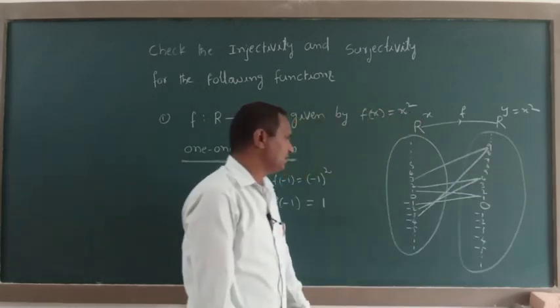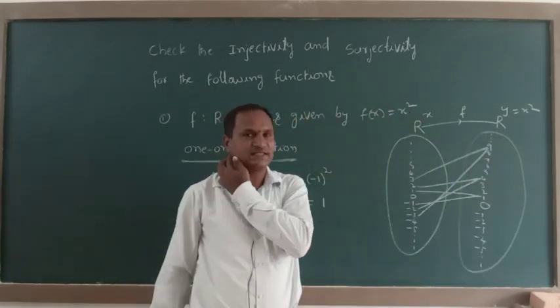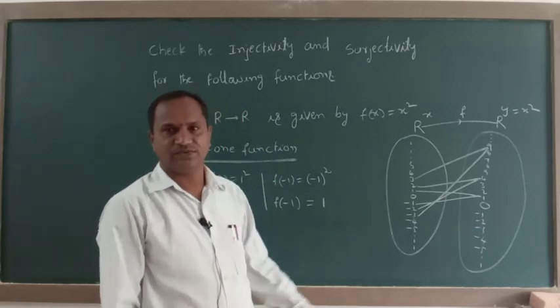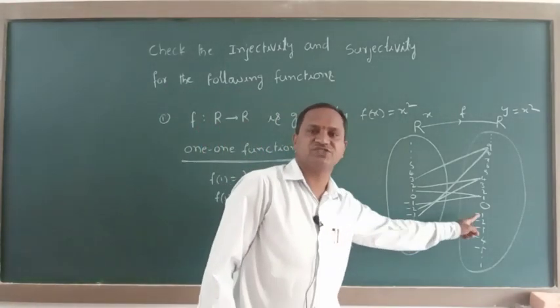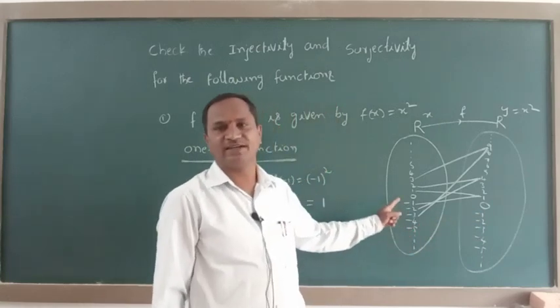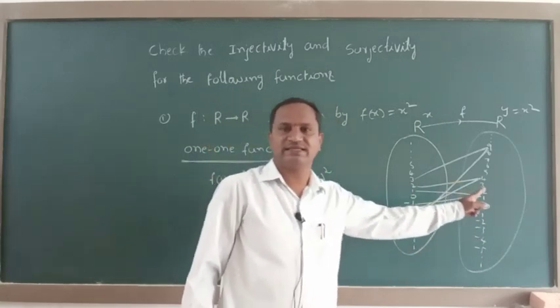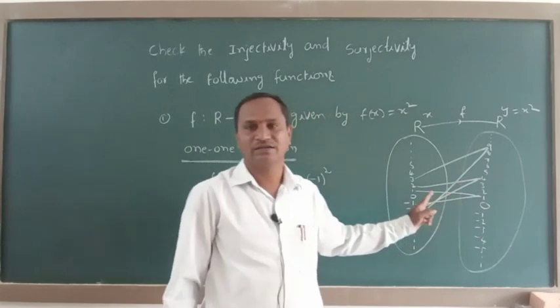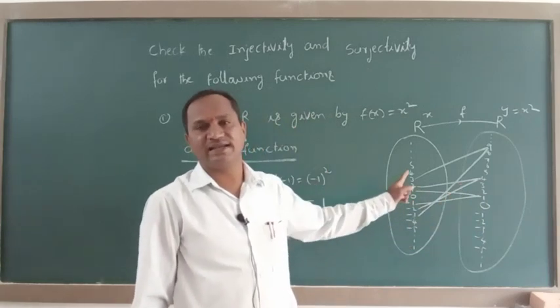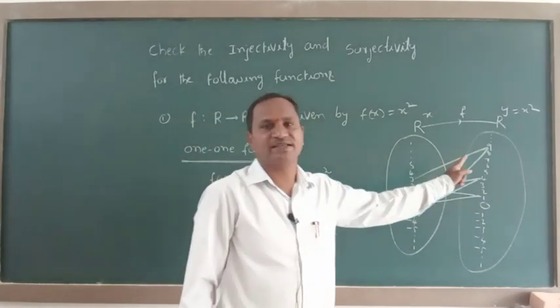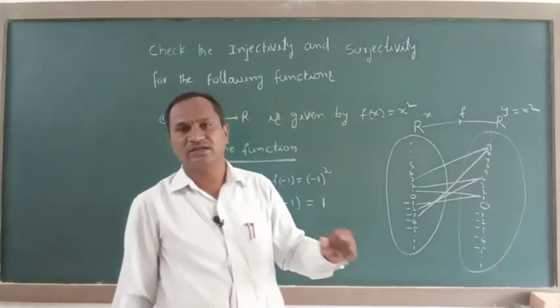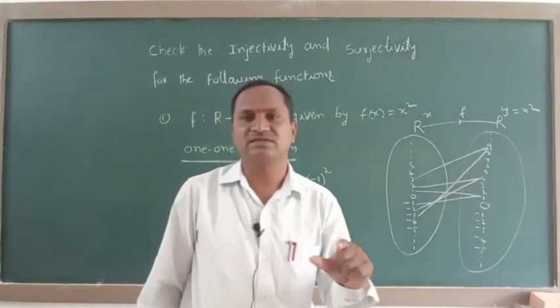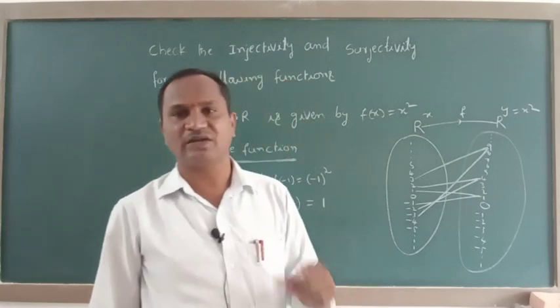Like that, two different elements have the same image. The elements 1 and minus 1 have the same image 1. The elements 2 and minus 2 have the same image 4 in the codomain capital R. The elements 3 and minus 3 have the same image 9. Like that, two elements have the same image in the codomain capital R.